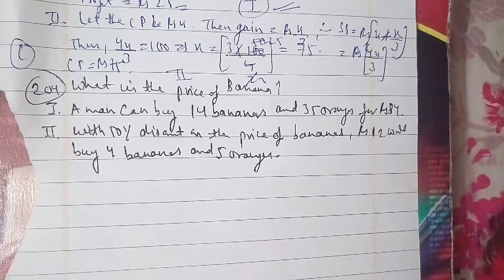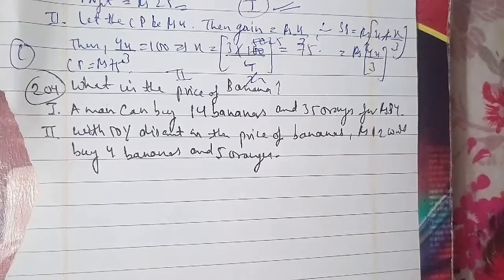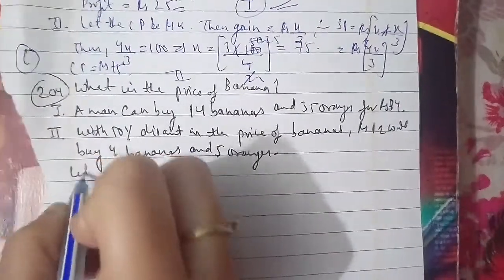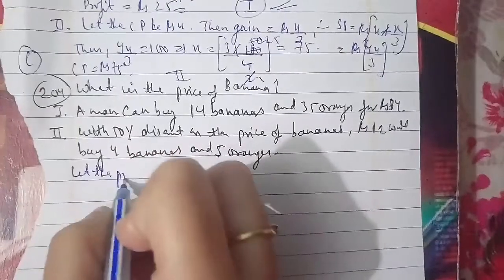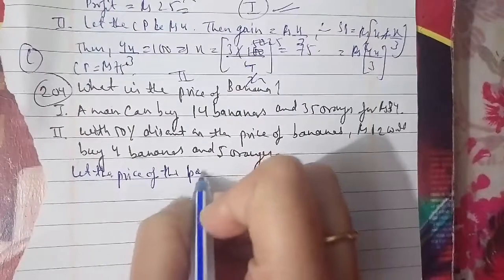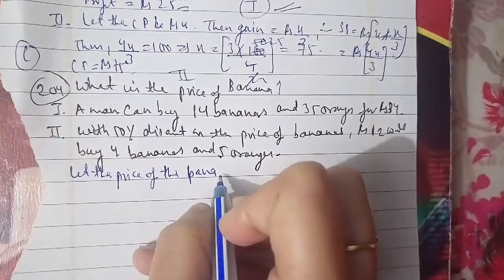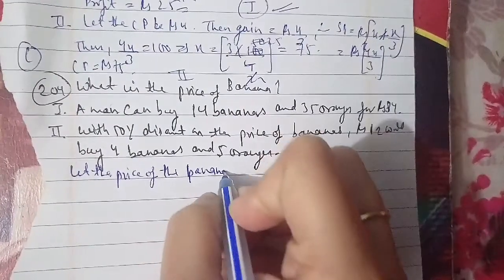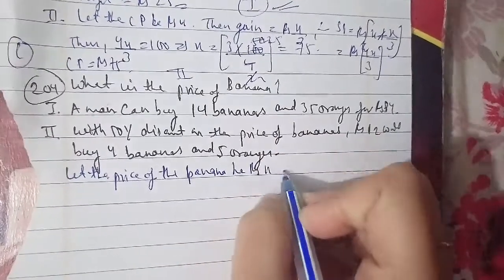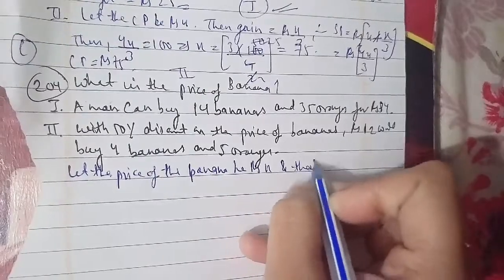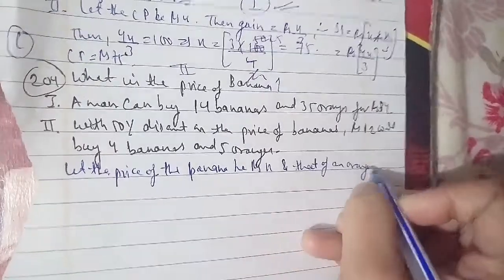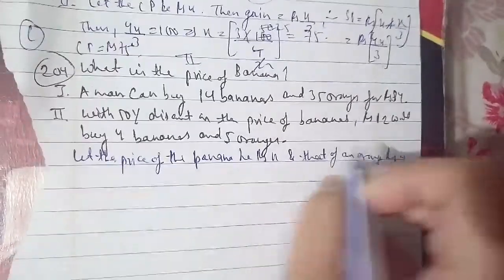So we go ahead. Let the price of the banana be rupees x, and that of an orange rupees y.